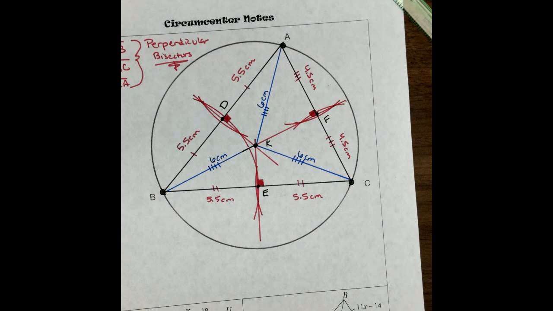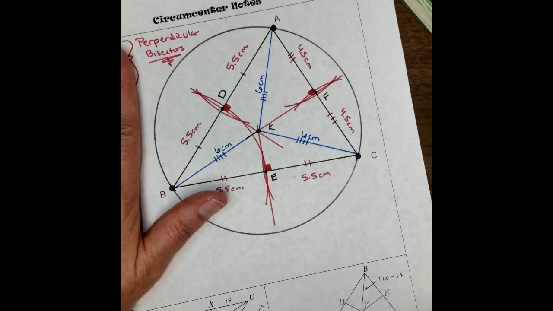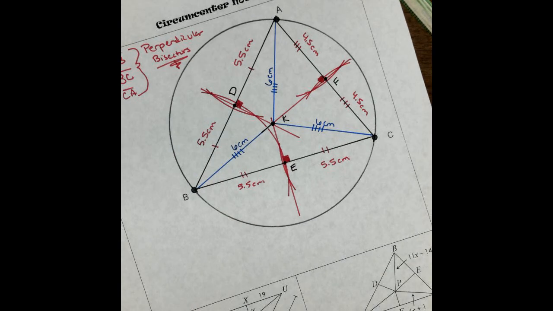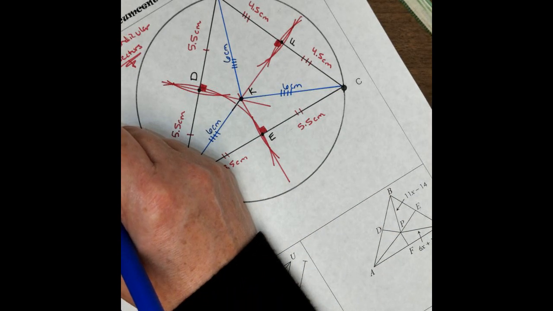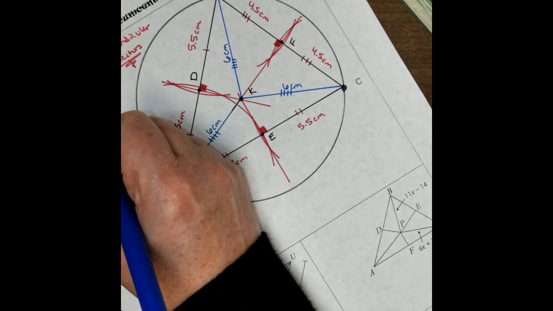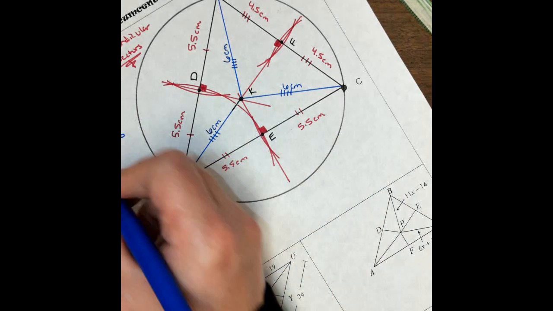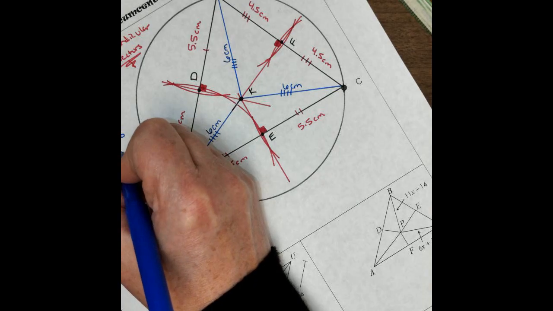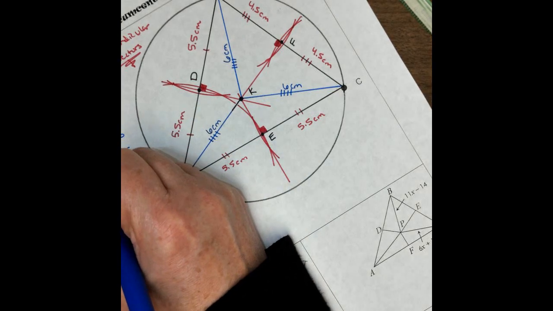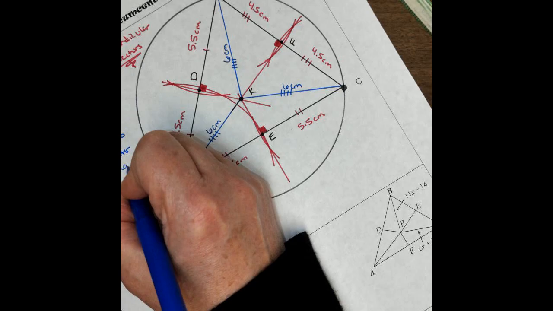That's important. So a circumcenter has perpendicular bisectors, and the lines from the triangle vertex to the circumcenter are congruent.